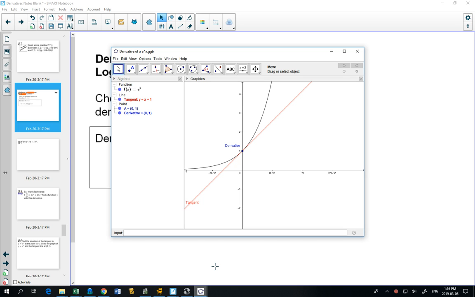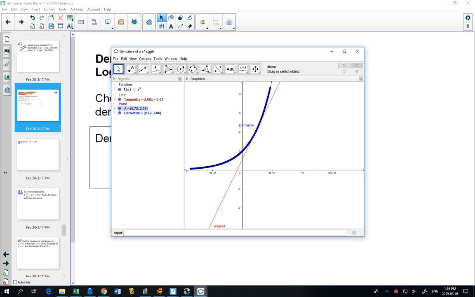So if I draw a tangent line on e to the x and mark it at 0, 1 right now, the slope of that line happens to be 1. So it has that point in common. And as I drag my tangents and graph the new slopes, what do you notice?